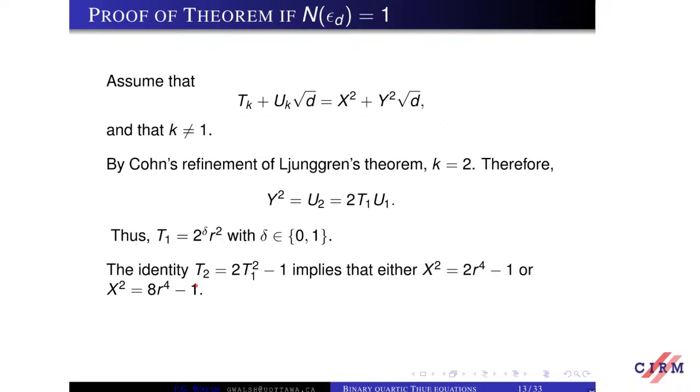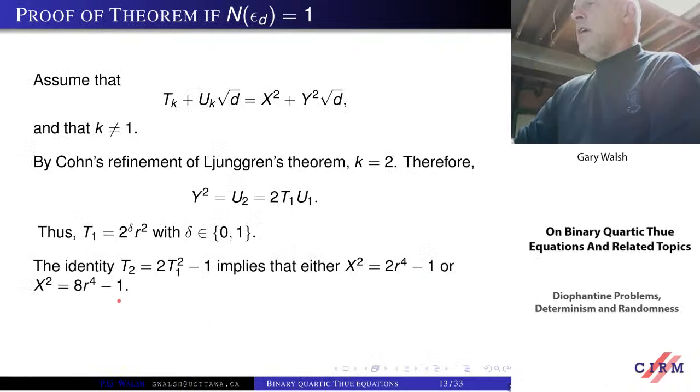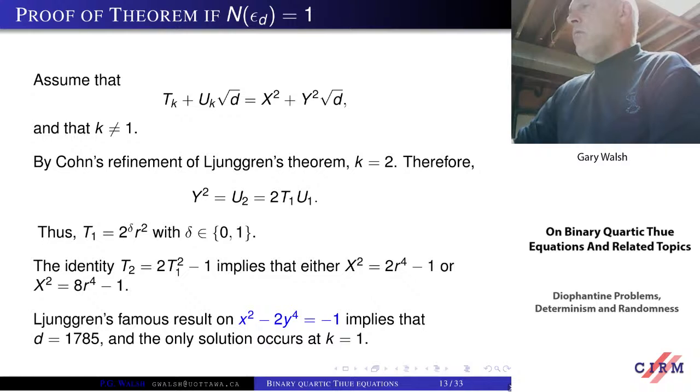And furthermore, because of the identity t sub 2 equals 2 times t sub 1 squared minus 1, we get that the number x squared, which is t sub 2, is either 2r squared minus 1 or 8r squared minus 1. And both of these cases can be dealt with in one swing at the bat using Ljunggren's famous result on x squared minus 2y to the 4th equals minus 1.